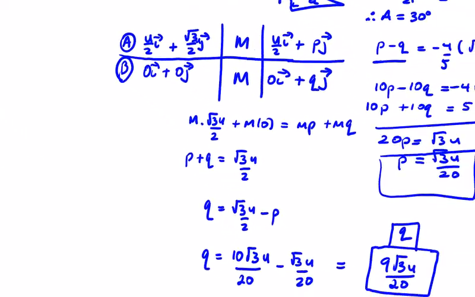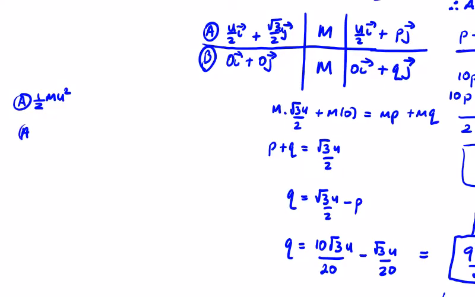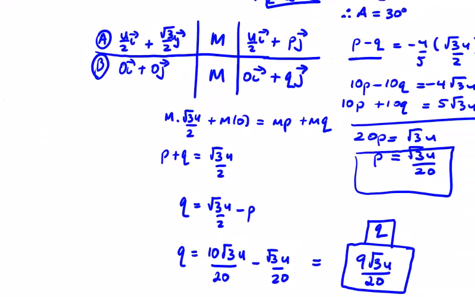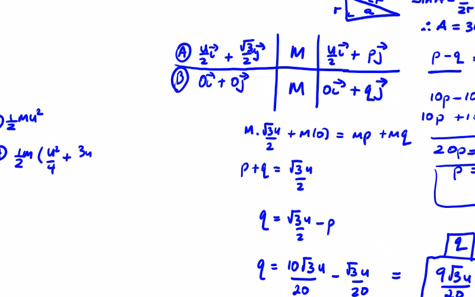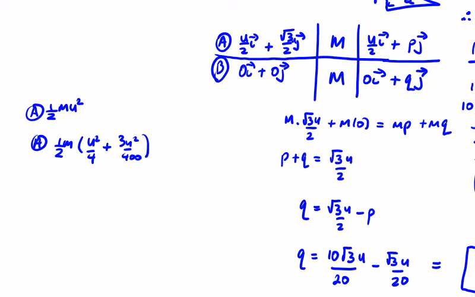And then afterwards we have A. It's going to be a half m by the square root of u over 2 squared plus p squared. What do we get for p? It's root 3 u over 20, so 3u squared over 400. So that's going to be 100 u squared over 400, it's 103 u squared over 400, times a half m.